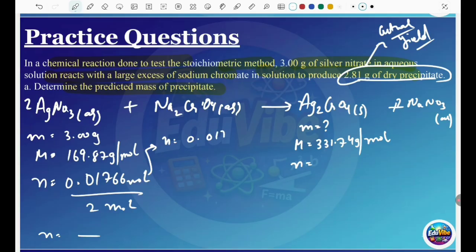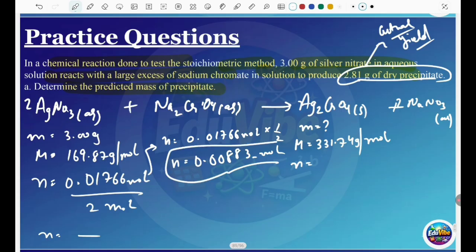So 0.0176 moles, basically 1 divided by 2, you will get 0.00883 moles. So this is called the excess one. This is going to be the excess reagent, and when you find this, you get that this is the limiting reagent.